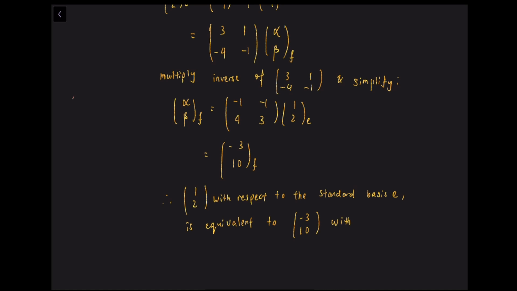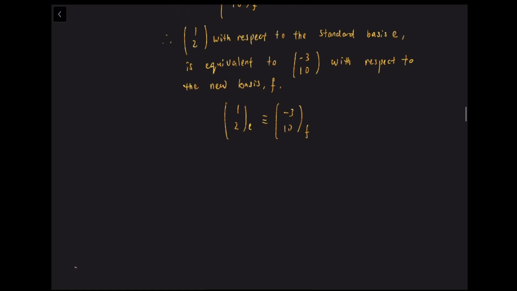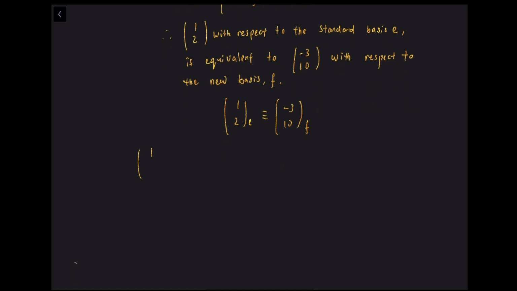Note that (1, 2) equals -3 times (3, -4) plus 10 times (1, -1), which is a linear combination of the basis vectors forming the new basis. If we form a 2 by 2 matrix P, which has columns that correspond to the new basis vectors in corresponding order, then P equals [3, 1; -4, -1].